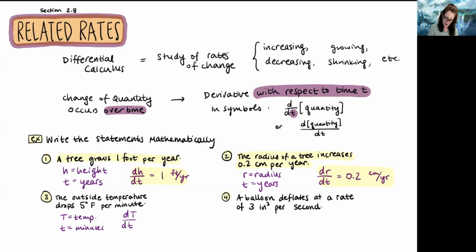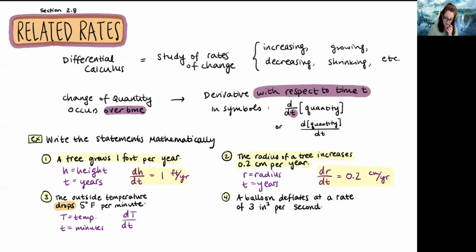Now, because the temperature in this example is dropping, right, the rate of change, we would interpret that as being negative because the temperature is decreasing or getting lower, getting smaller. Whereas in examples 1 and 2, the radius and the height were increasing or getting larger.